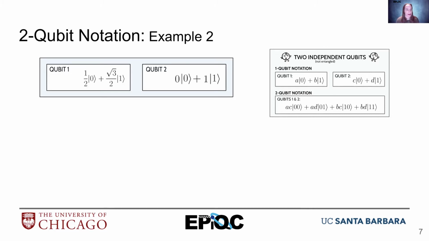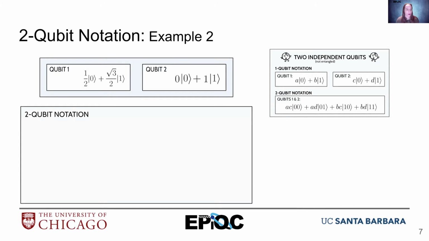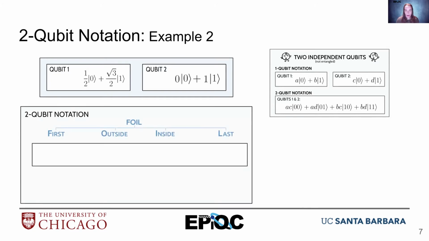Okay, so we take these and we do our multiplication, first, outside, inside, last. And so we have a half times 0, a half times 1, root 3 over 2 times 0, and root 3 over 2 times 1. And so we end up with 2 of the terms being 0.